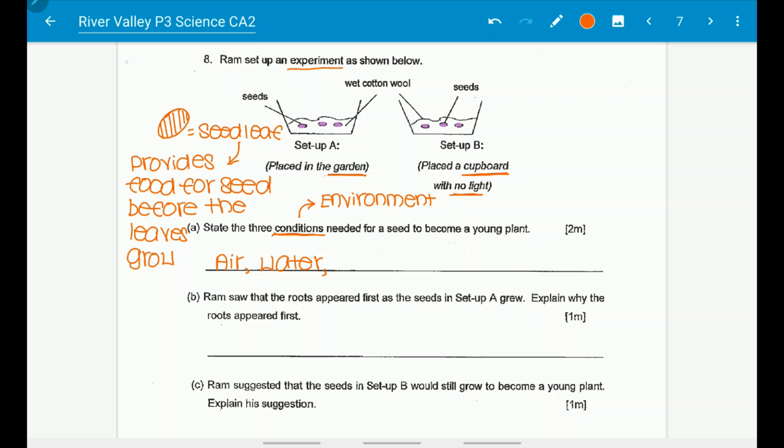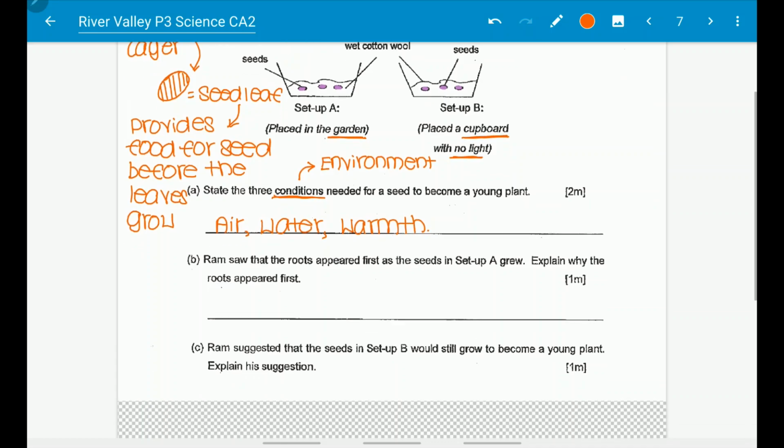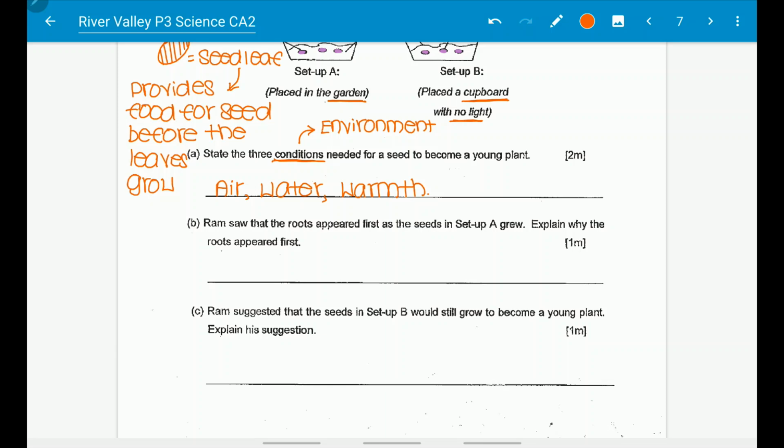It uses the outer layer called the seed leaf to provide food for itself. So in the environment that the seed grows up in, it doesn't need food because it can provide food for itself. So instead, what does a seed need to grow? It needs air, water, and warmth. Okay, these are the three things. Okay, and these are the three conditions. Okay, air, water, and warmth.